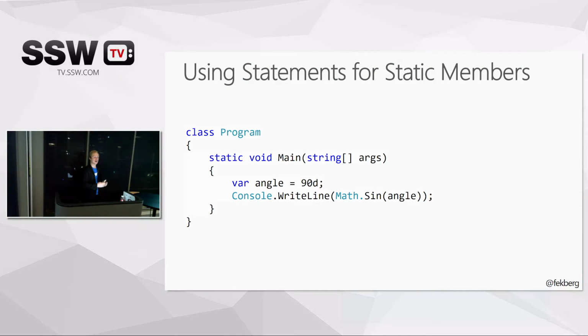It basically means that we have this code block here, and the only thing that's really irritating here is that if I want to do more Console.WriteLine or use more of the math operations, I'd have to write Console.WriteLine everywhere.